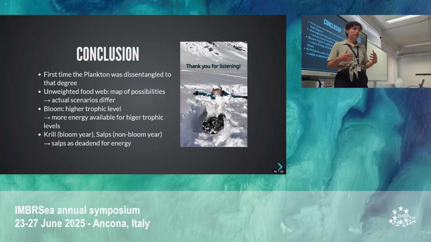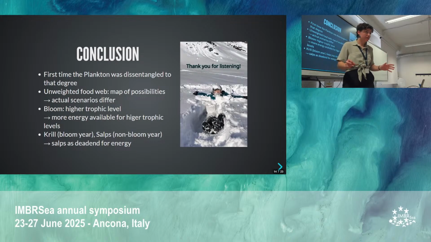So further steps would include other variables like temperature, and also comparing within one year, before the bloom and after the bloom, to get a higher temporal resolution, since plankton is a very dynamic system. Another option would be to get actual biomass measurements for all the data to estimate the actual energy or carbon flow between the species. So there's a lot of options to go forward from this.